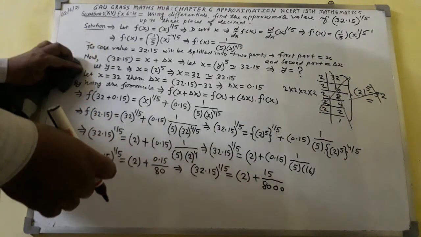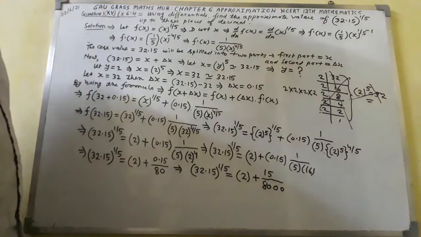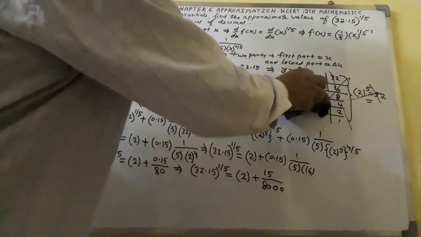Now 15 will be divided by 8000. So now I am going to erase this one.